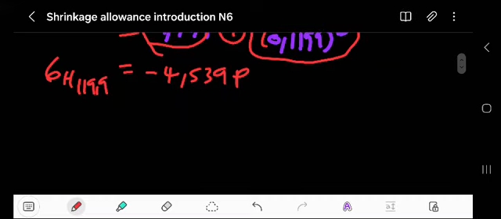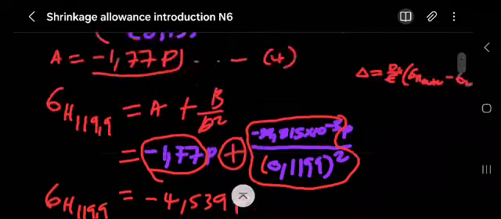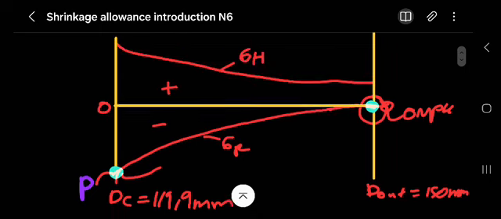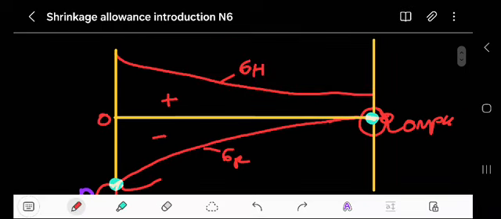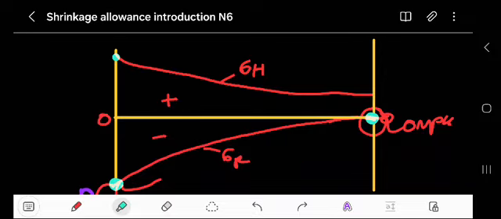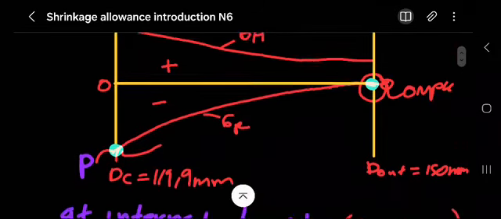So guys, remember this is at the common diameter. At the common diameter, these are equal. If you are given a shaft and a sleeve, we've discussed this, we have found the hoop stress there.